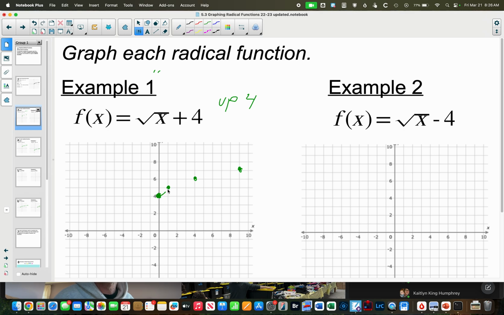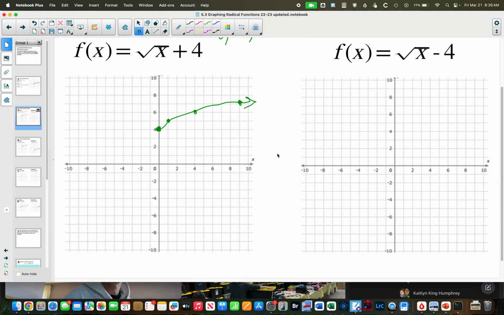Alright, so I could graph the function. Okay, likewise, minus 4, this is going to be down 4. Same thing, this would be my starting point.